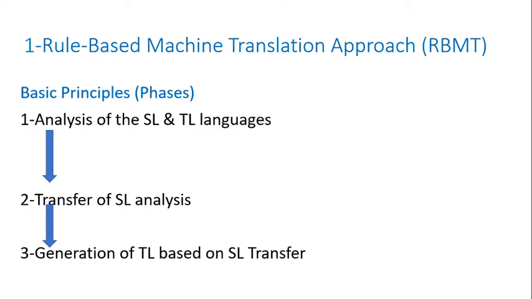So logically the phases look simple: in the first instance the source language is analyzed, and then it is fed into the structured system, and then the transfer of the source language, which is already analyzed, is provided to the analysis of the target language, and hence a translation is generated.